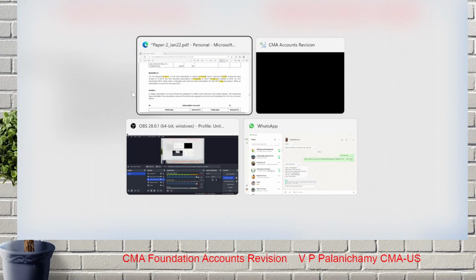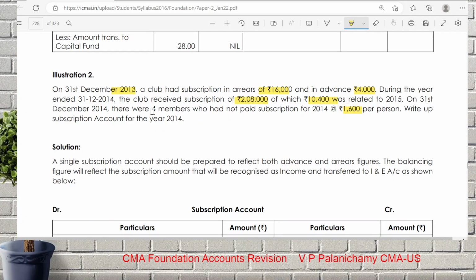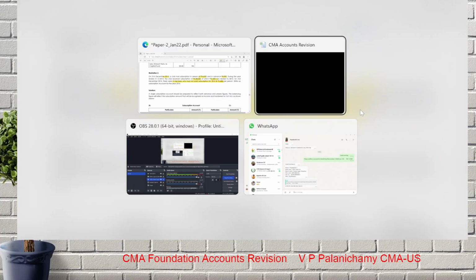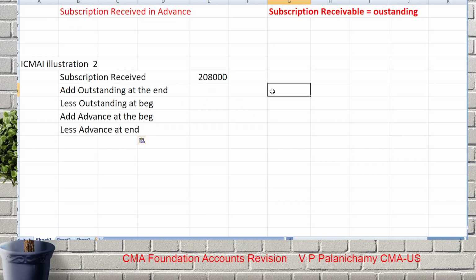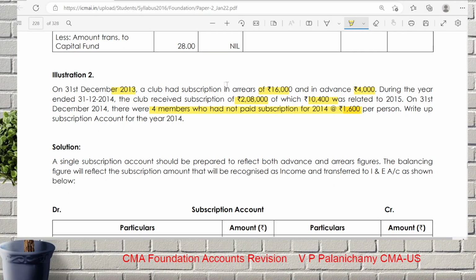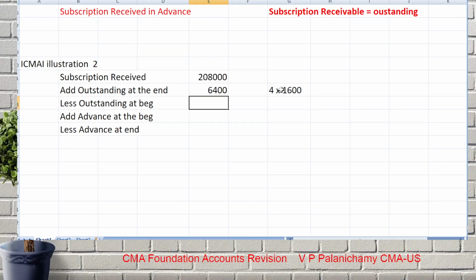What is outstanding? 4 members have not paid subscription at the rate of 1,600 per person. So 4 into 1,600 not paid is 6,400. Outstanding at the beginning, arrears given, is 16,000.